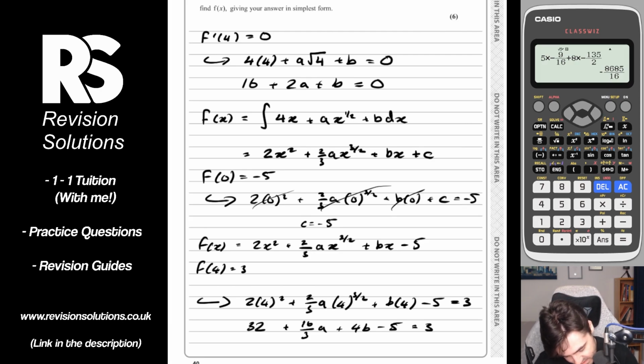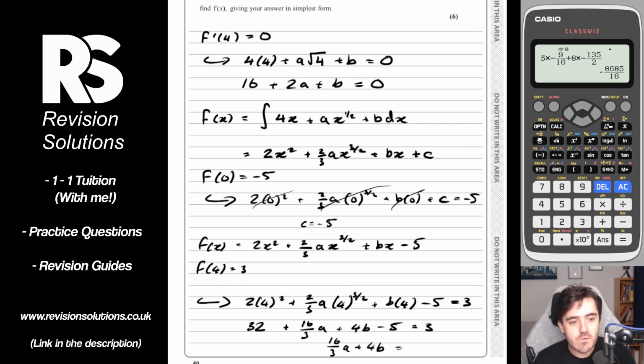And then simplifying that up a bit more, if I bring all the constants to the other side, we'd have 16 over 3 a plus 4b is going to equal, well, if I brought the 5 over, that would give me an 8, and then take away 32 from that. 8 minus 32.